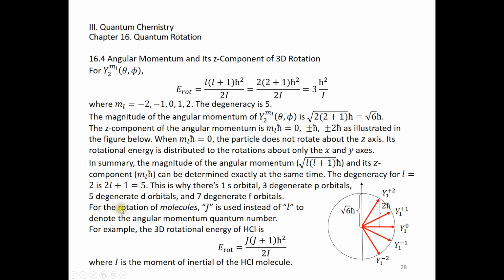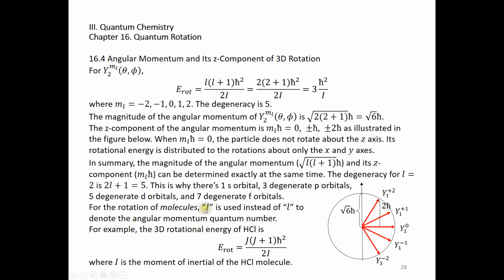But if you're considering the rotation of molecules, although we solve the same equation, we get the same solution, we have the same interpretation, but instead of L, we use J as the quantum number for the angular momentum. And the z component is m sub j instead of m sub L. It's just the notation.